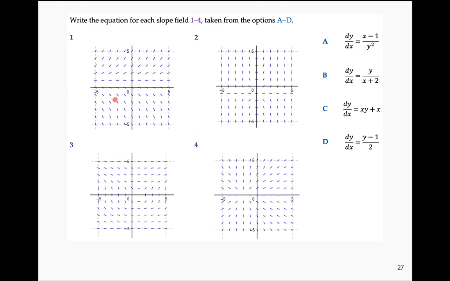This first one, what do you notice? Well, I notice that when y equals 1, the gradient is 0, so dy/dx equals 0 when y equals 1. Let's go over here, and none of the others have that feature. When y equals 1, this whole thing will equal 0. So there you go, I've matched 1 to d already.